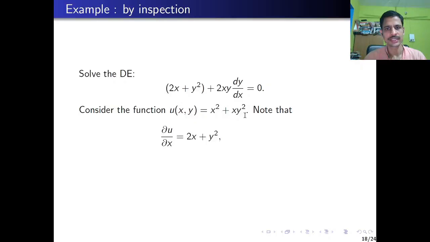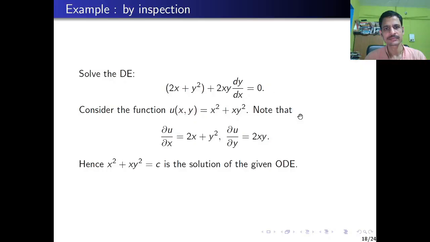You can see that the partial derivative with respect to x is your M for this equation, and the partial derivative with respect to y is the N for this equation. Hence, the solution will be u(x,y) equal to c, that is x² + xy² is equal to c is the solution of the given ODE.